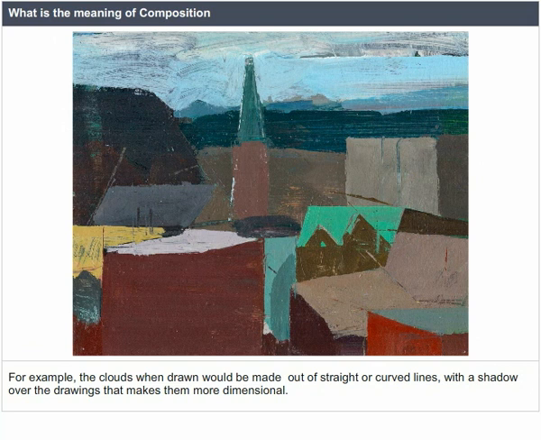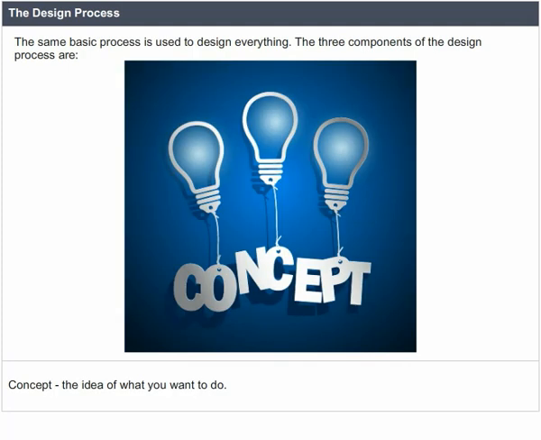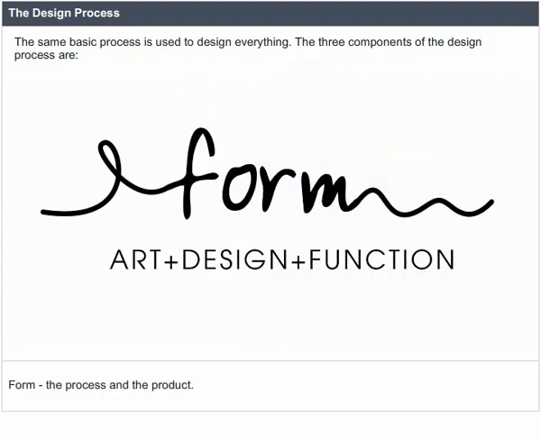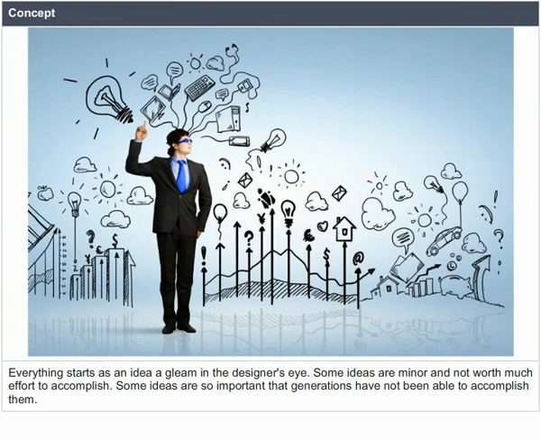The design process. The same basic process is used to design everything. The three components of the design process are concept, the idea of what you want to do; form, the process and the product; content, the meaning. Concept. Everything starts as an idea, a gleam in the designer's eye.